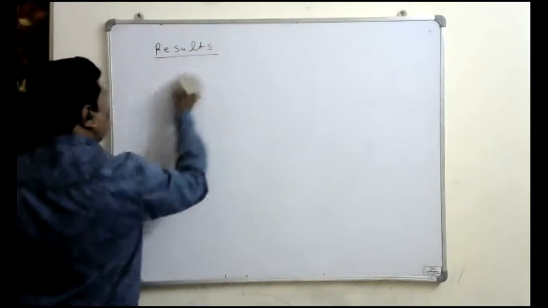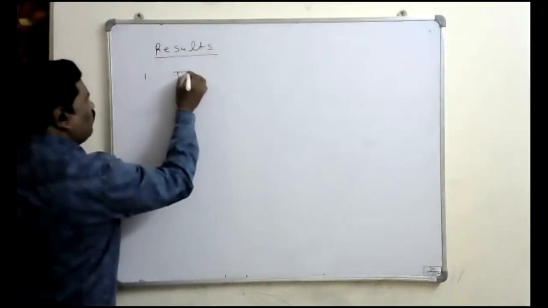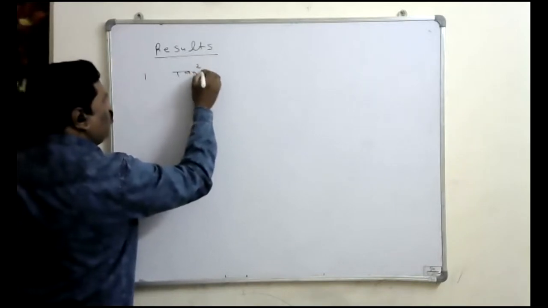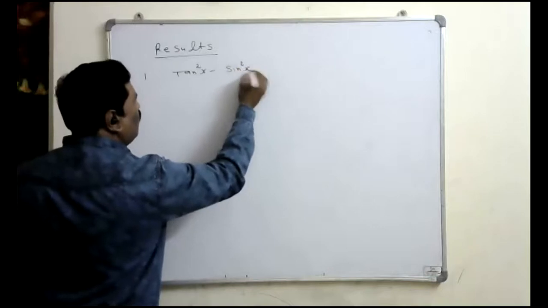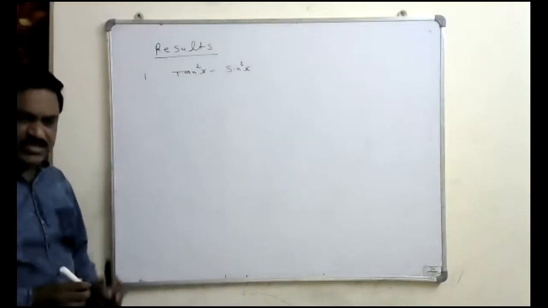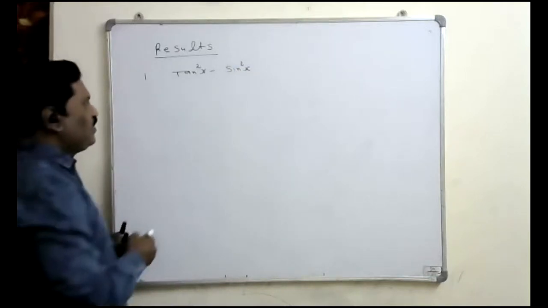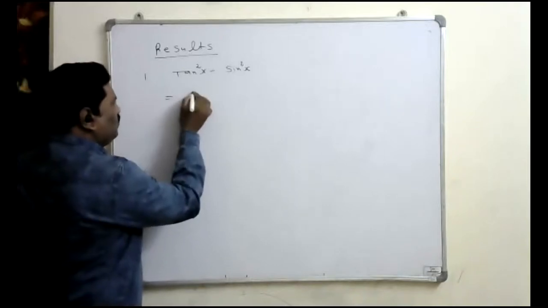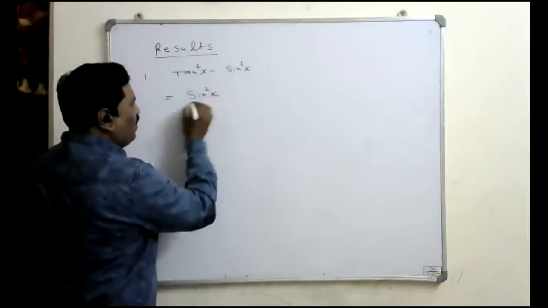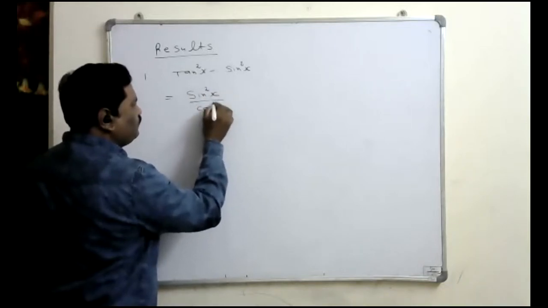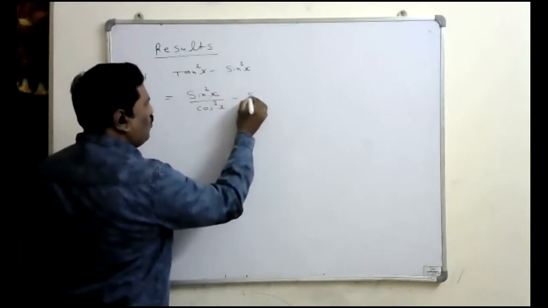The first one: suppose I want to find the value of tan square x minus sin square x. From the definition, tan square x is sin square x upon cos square x, minus sin square x.